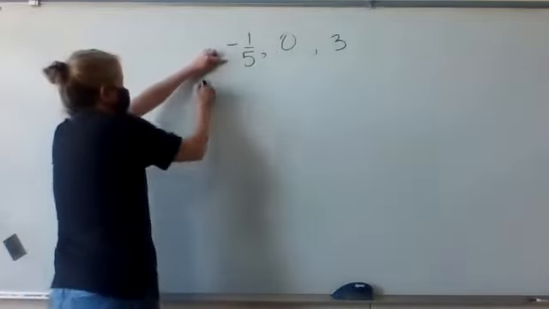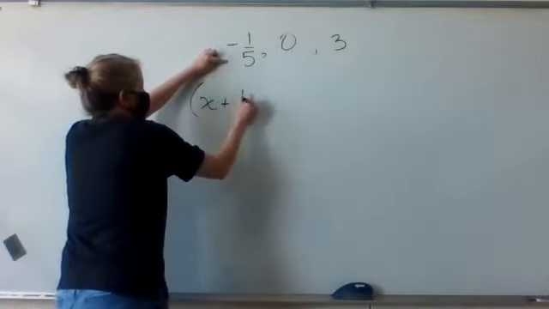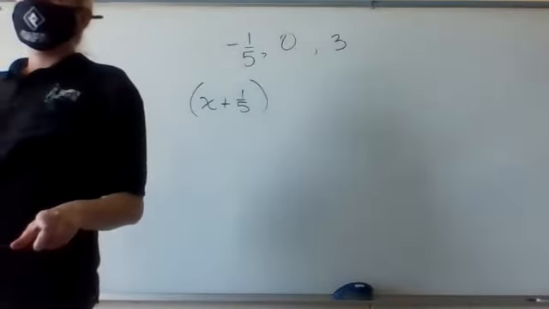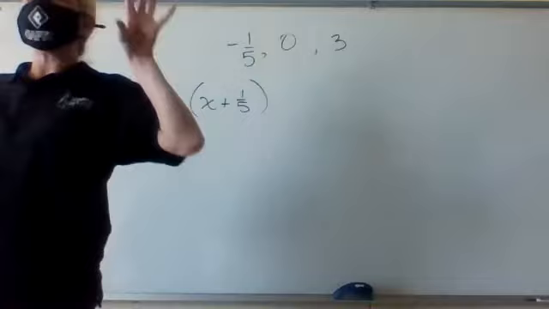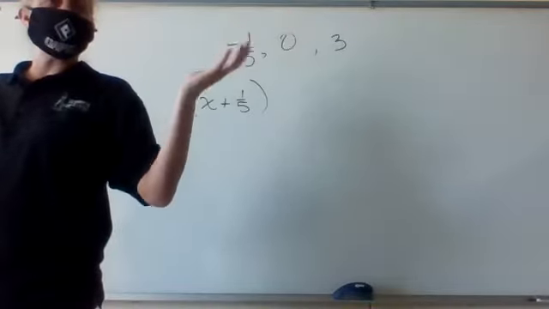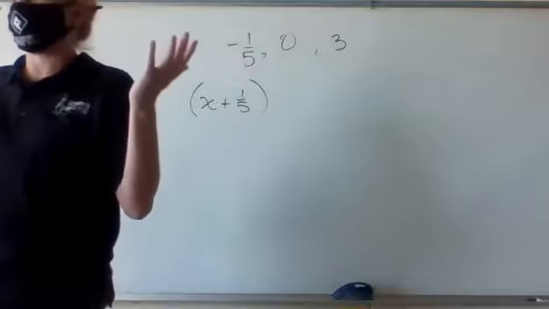So let's see, this would be x plus 1/5. Now look at this one. It actually comes from x minus 0. But what is x minus 0? It's just x, right?